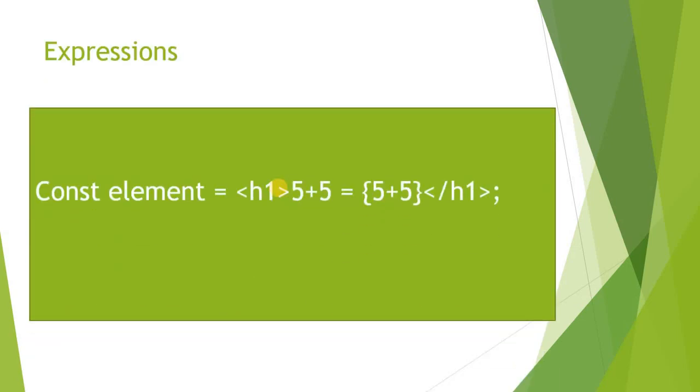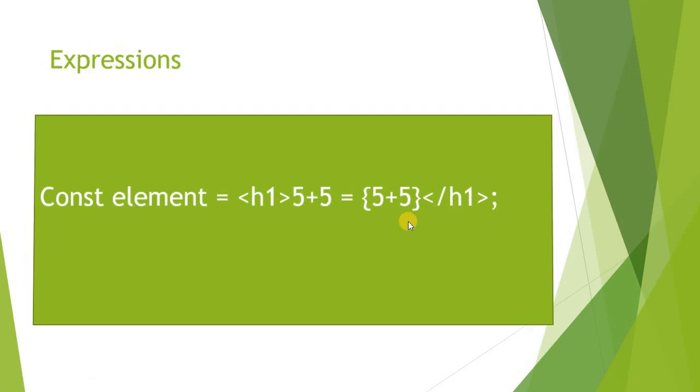If you want to write an expression in a React application, you have to write it within curly braces. So if you define an element under the h1 tag, 5 plus 5 equal to, that is text, and the expression will be evaluated under the curly braces.